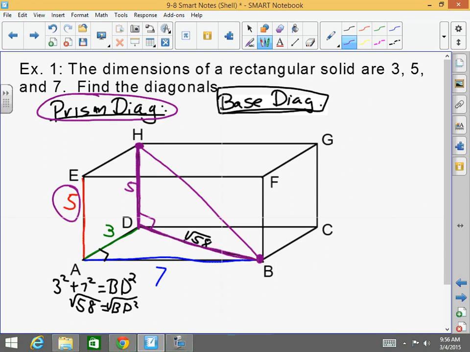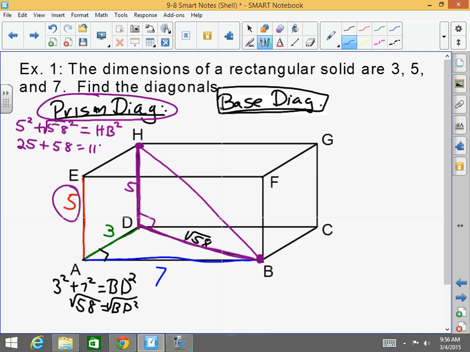We already know my diagonal here. So what is my hypotenuse? 5 squared plus square root of 58 squared equals my prism diagonal HB squared. So this time I will pay attention. 5 times 5 is 25. Plus square root of 58 squared is 58.